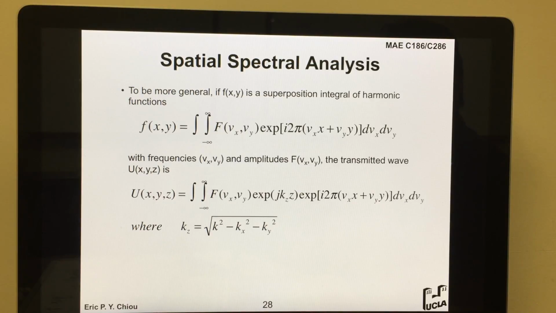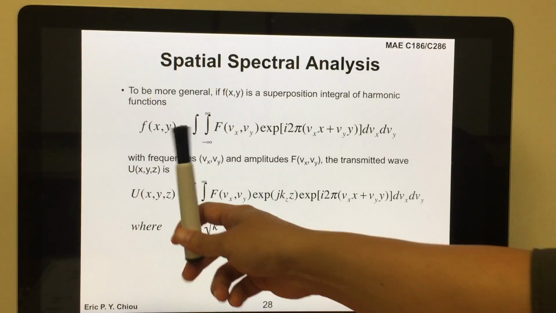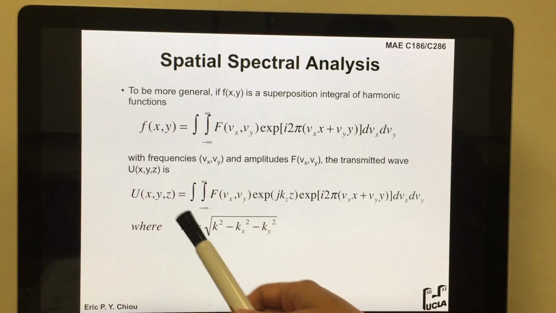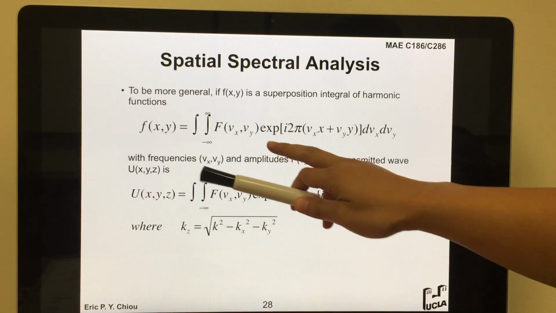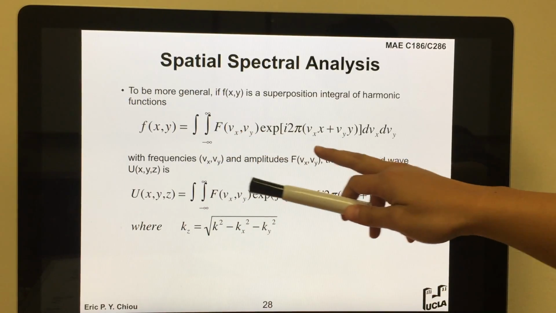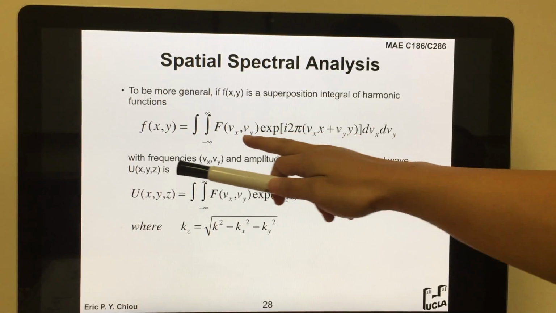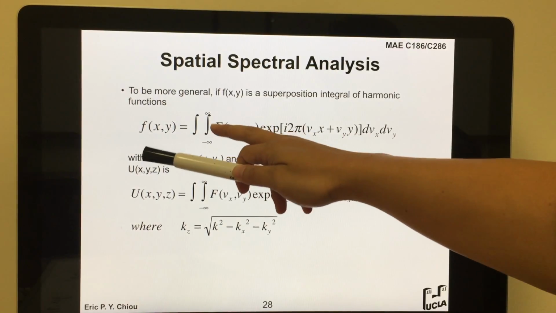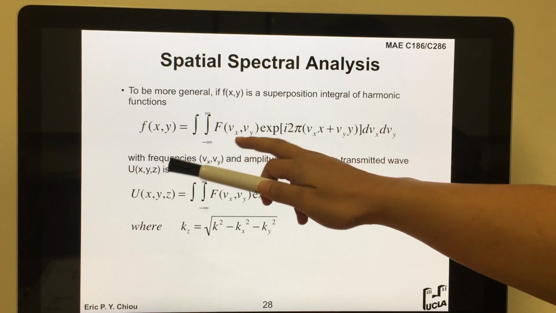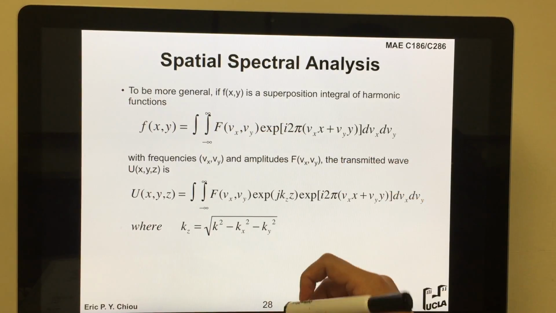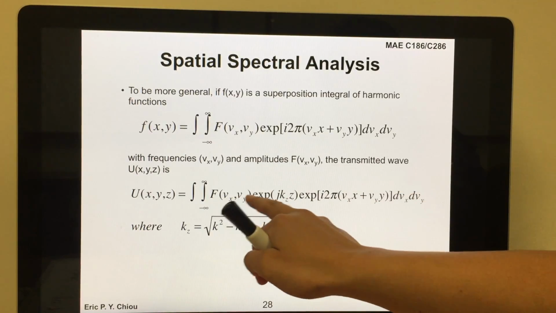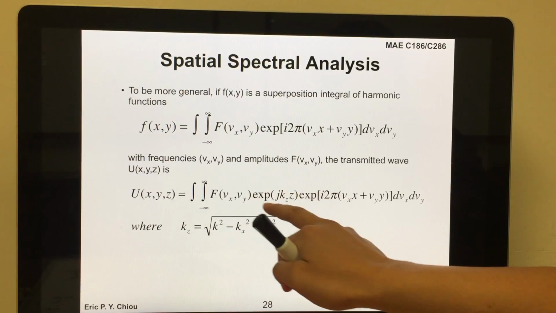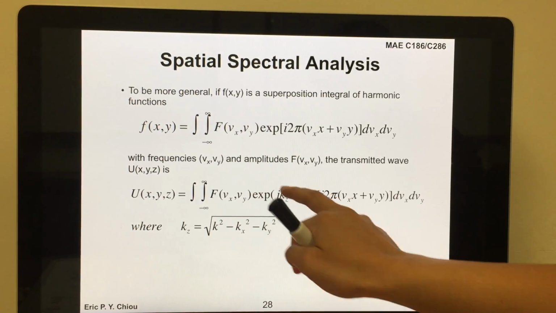So this slide is pretty much just what we talked about. In the first plane you have a function f of x and y, which you can think of as a superposition of elementary functions with different weighting factors, which can be found by Fourier transform. Then when these waves propagate in free space, each component experiences an extra phase delay term here.